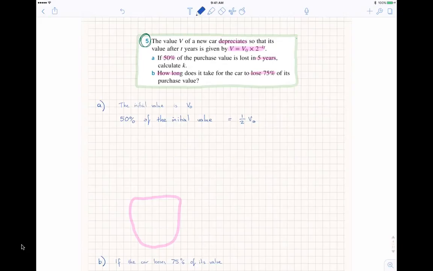We also know that at the time that it's lost 50%, that's 5 years have passed. So we're going to let t equal 5, and our V equal a half of V naught. So substituting those values into our formula, let V equal a half of V naught, and that's equal to V naught times 2 to the minus 5k.